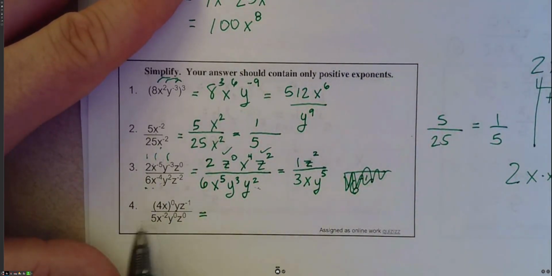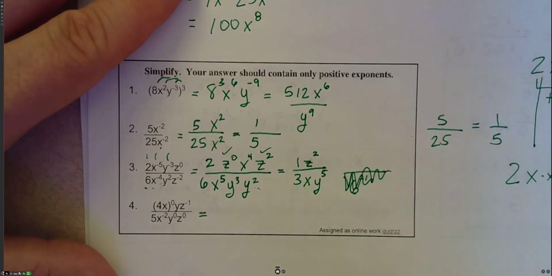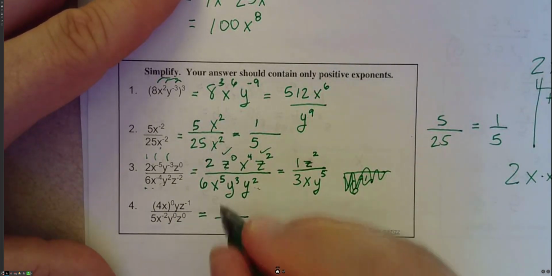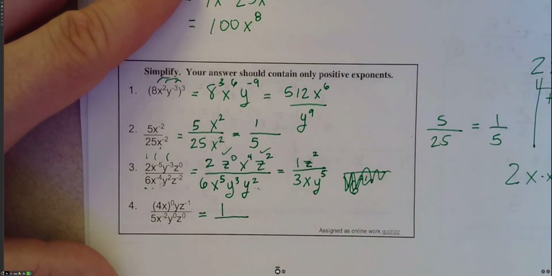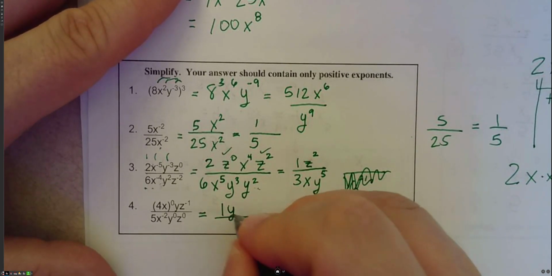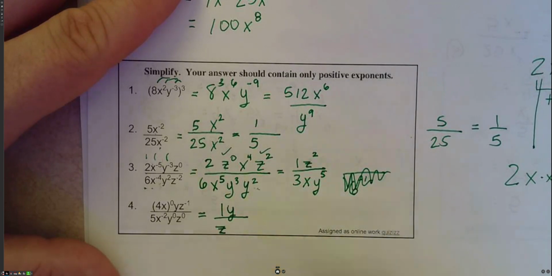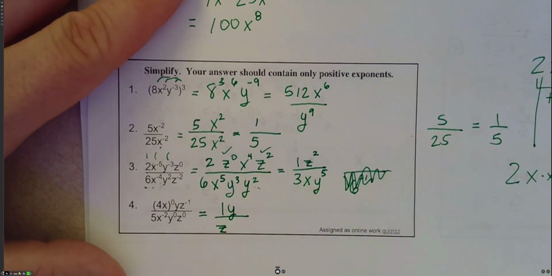So I like to start with the top. I'm going to deal with zero powers and negative powers. This 0 is affecting this whole thing, so that's just a 1. The Y stays upstairs. That Z to the negative 1 goes downstairs. I dealt with the top. Now I like to deal with the bottom.